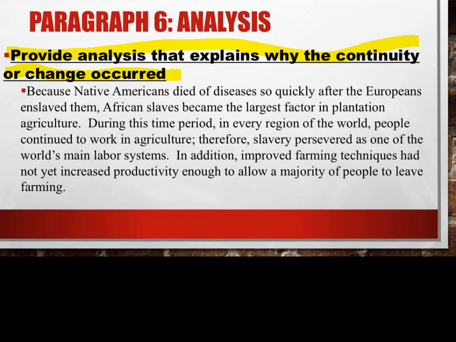So that's how we explained just an increasing number of people; not everyone left the farm and ran to the city, right? When would that be? After 1750. So improved farming techniques had not yet increased productivity enough to allow a majority of people to leave farming. So there's your analysis. 3 sentences, and you could get your analysis points. Okay?